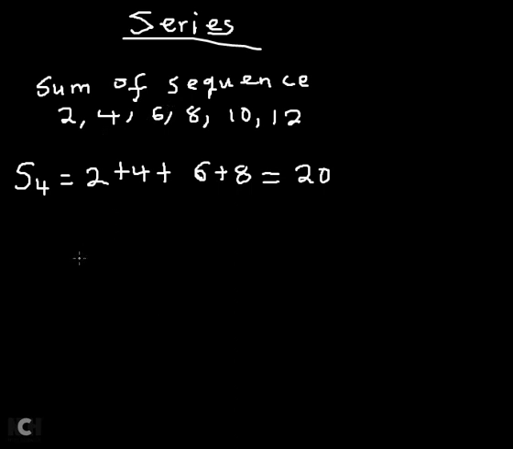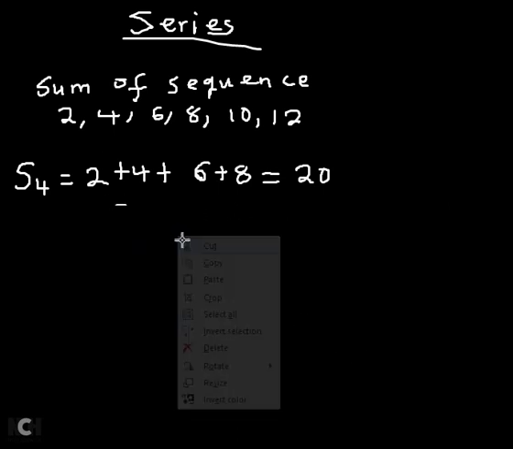But you discover that for this AP, because I'm dealing with AP now, if I'm being asked to find the sum of 100 terms, I can still go through the process of listing out from the first term to the 100th term, then summing. It's not going to be ideal. It will be so ambiguous.